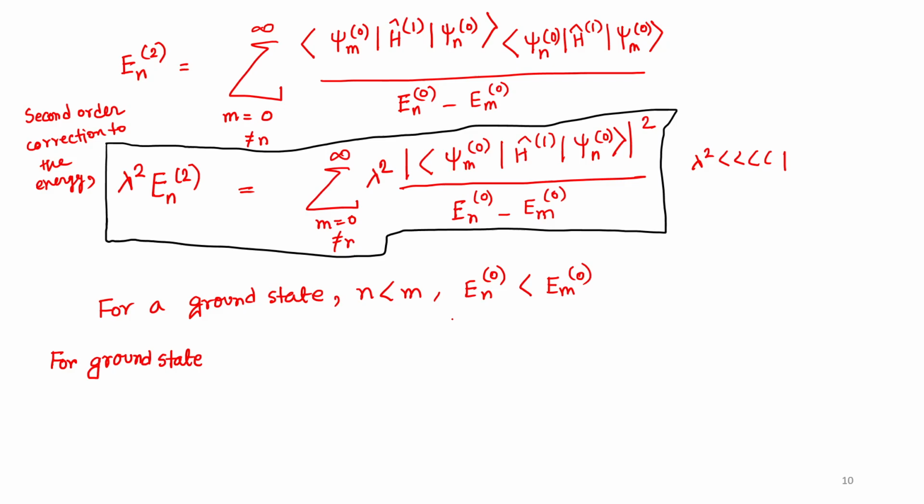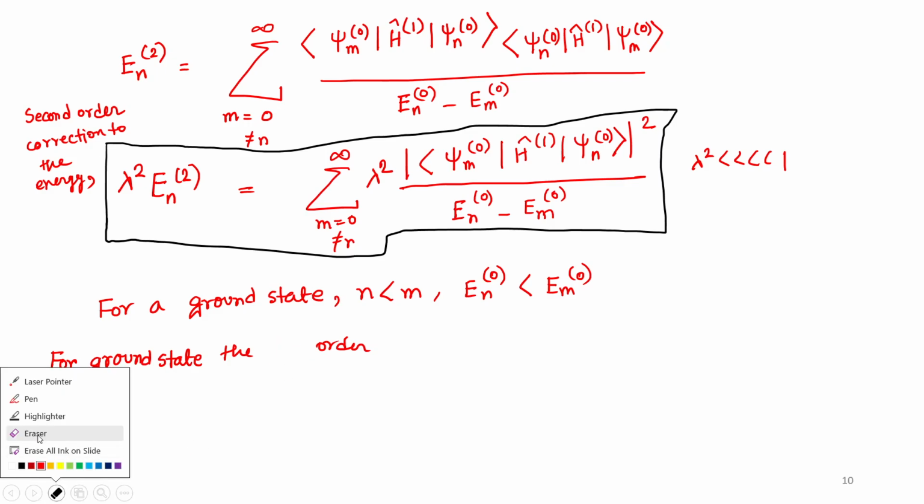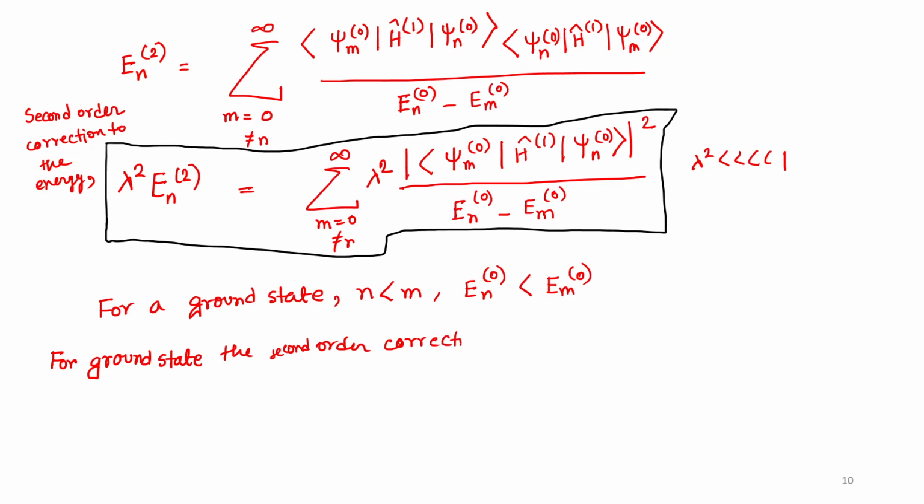So as you can see, for a ground state, the second order correction to the energy is always negative.